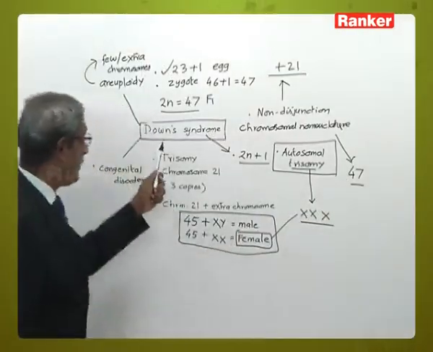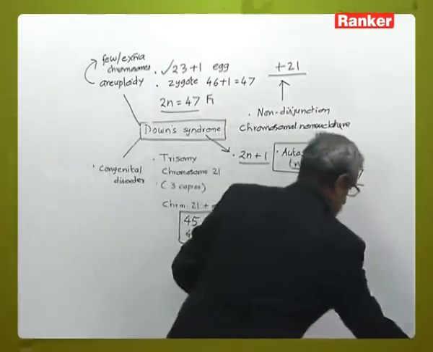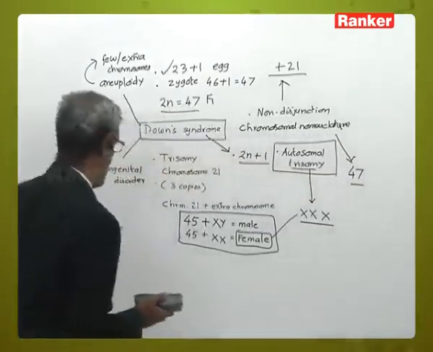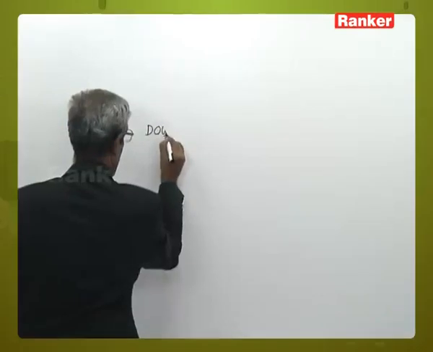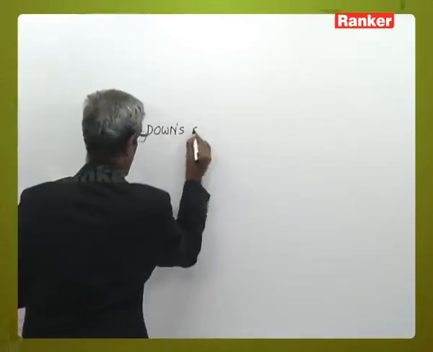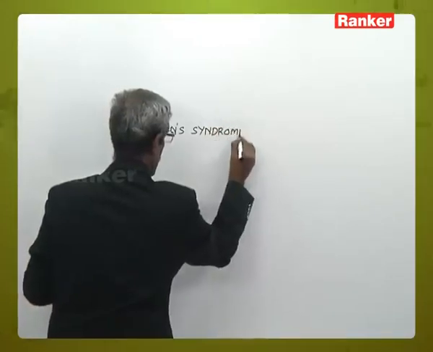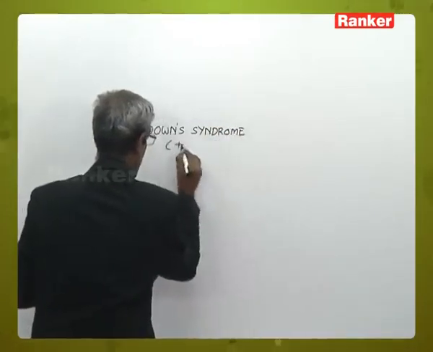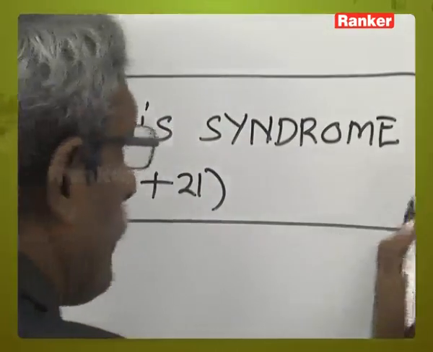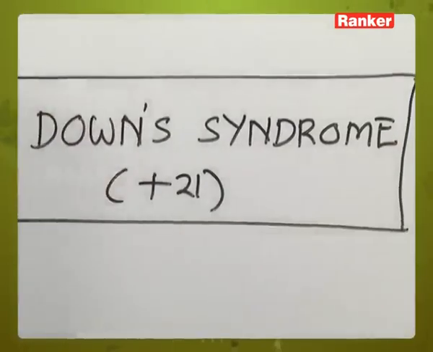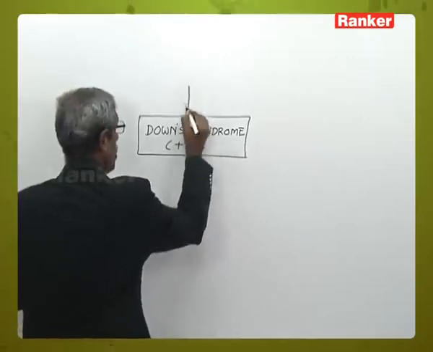And normally the symptoms of Down syndrome, in the form of a cluster of characters, are as follows. The phenotype of people with Down syndrome is they show a short stature.